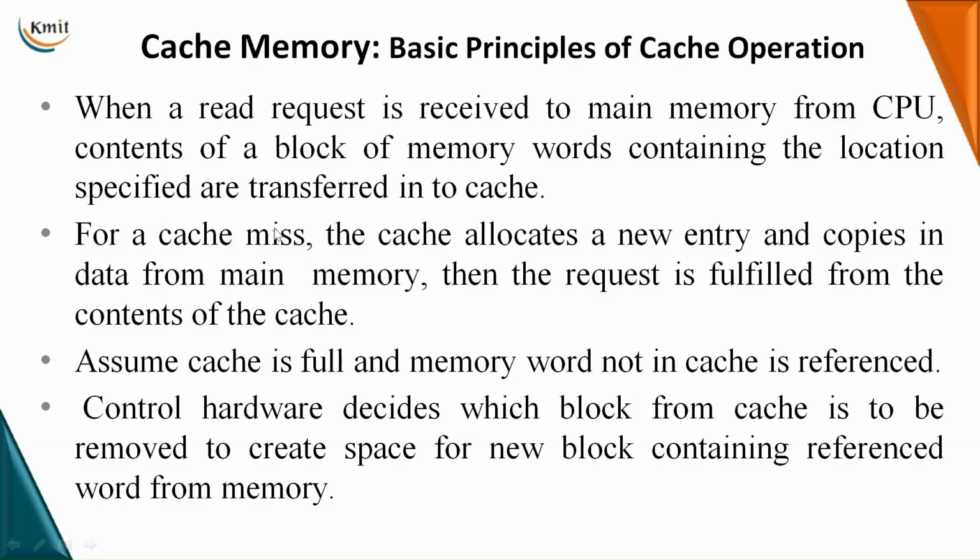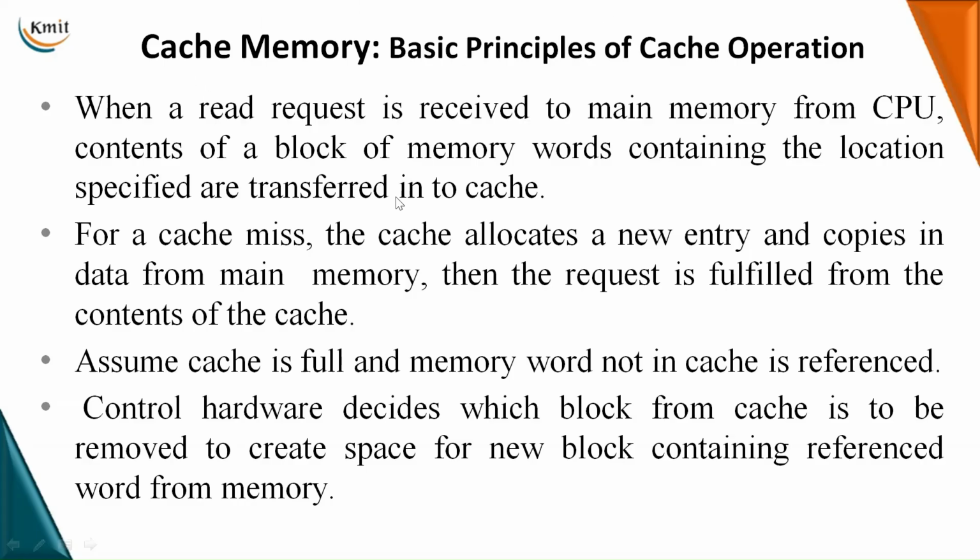Whenever there is a cache miss, the cache memory will allocate a new entry and copy the data requested by the CPU from the main memory into the cache memory, and then that will be given to the CPU for execution.